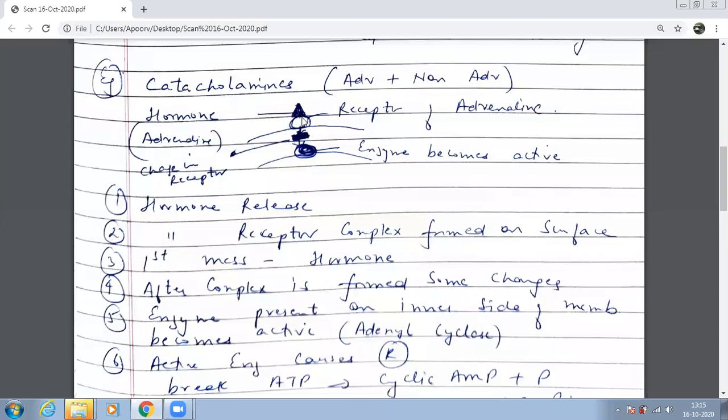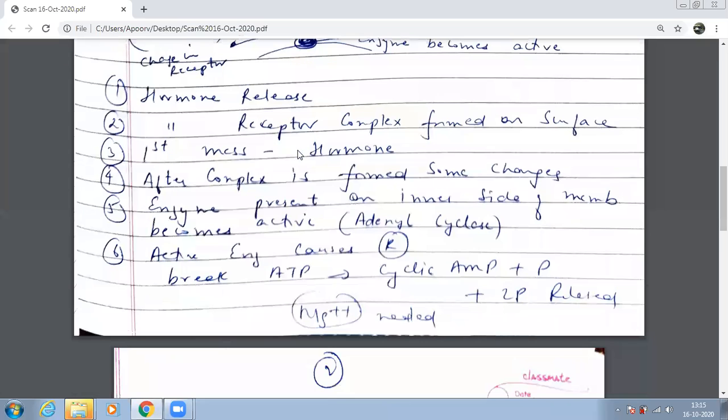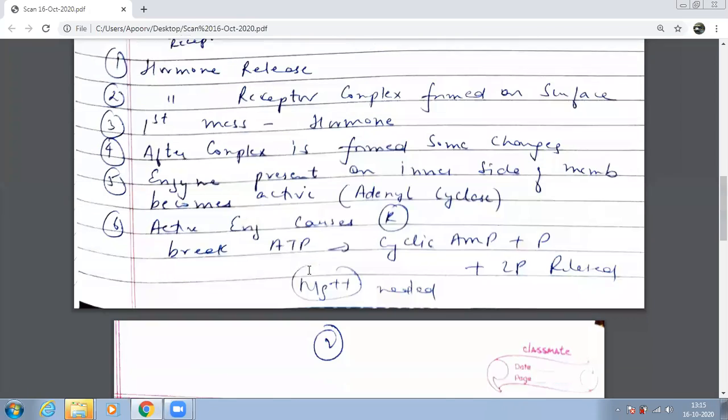After the complex is formed, some changes will take place in this receptor. Because of this, some enzymes will become active. Which is the first enzyme? Adenyl cyclase. This active enzyme, adenyl cyclase, will cause a reaction. What is the first reaction? ATP will break down into cyclic AMP and phosphates.